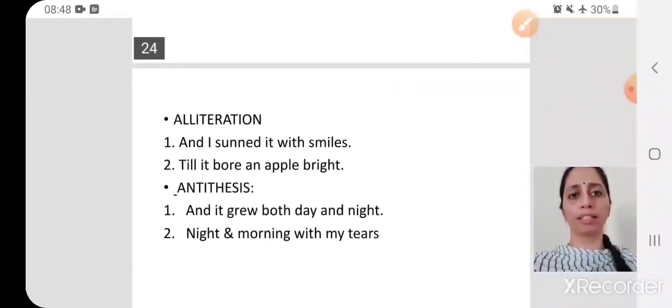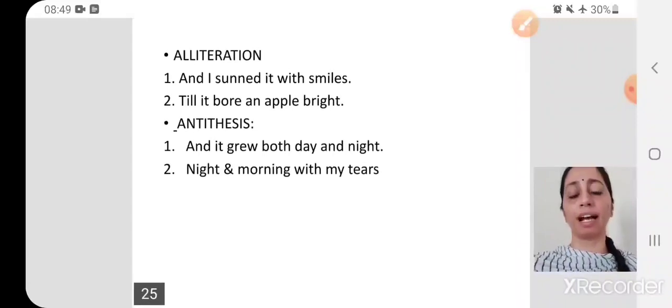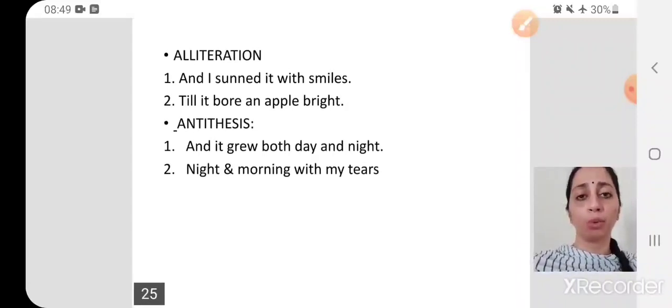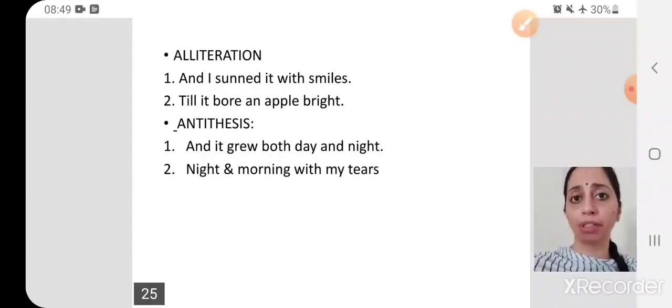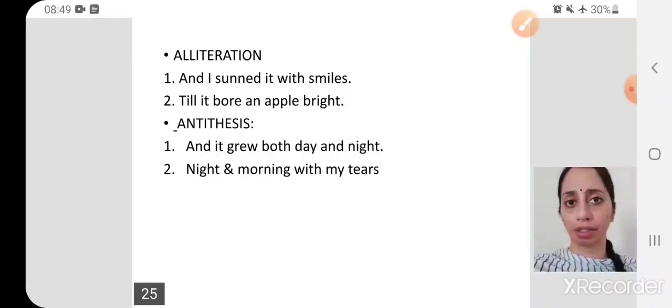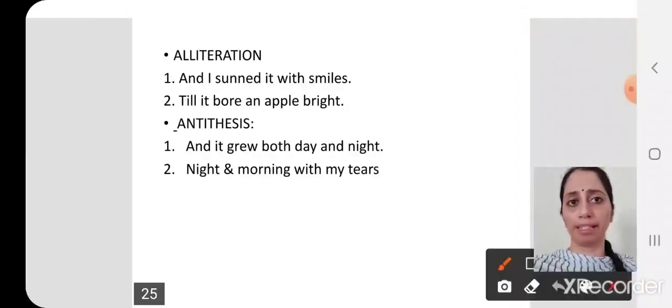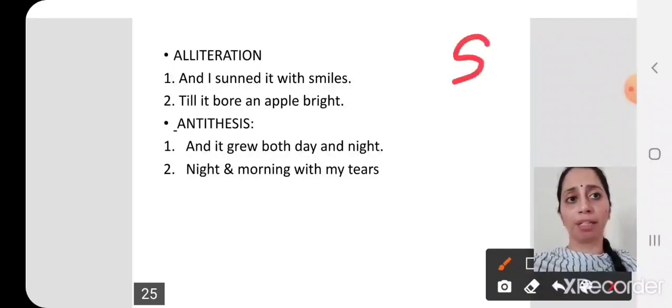Moving on to the next figure of speech, that is alliteration. When words are repeated, the figure of speech is repetition, and when the sound is repeated, the figure of speech is alliteration. Now, "And I sunned it with smiles." So here the sound of S is repeated.